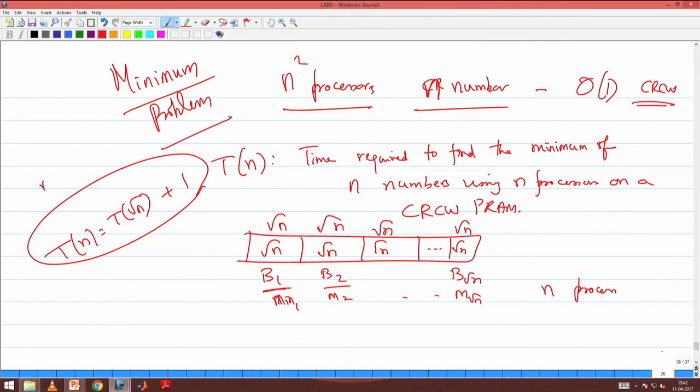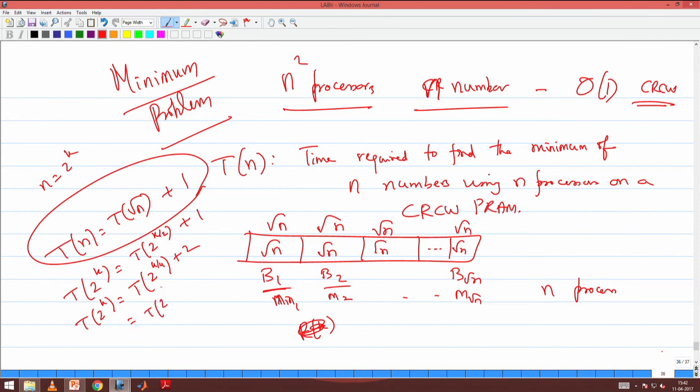So this means, without loss of generality, let n be equal to 2 power k. So T(2^k) is equal to T(2^(k/2)) plus 1. This is equal to T(2^(k/4)) plus 2, which is equal to T(2^(k/8)) plus 3.